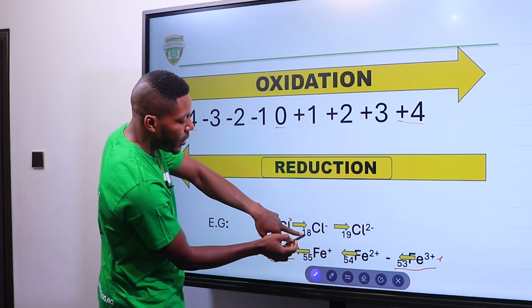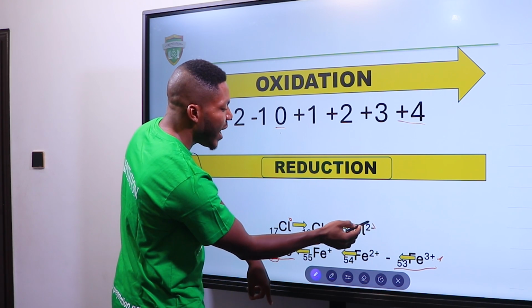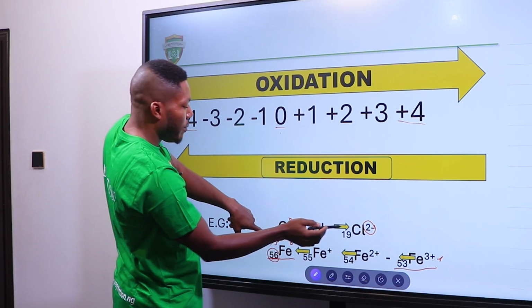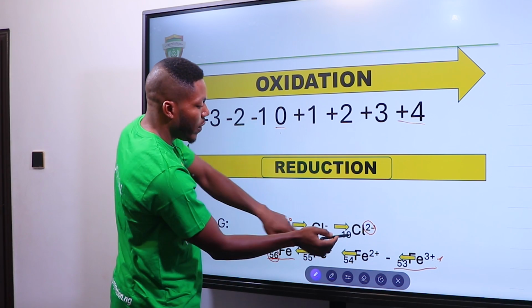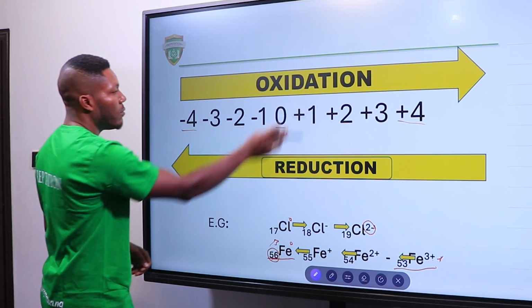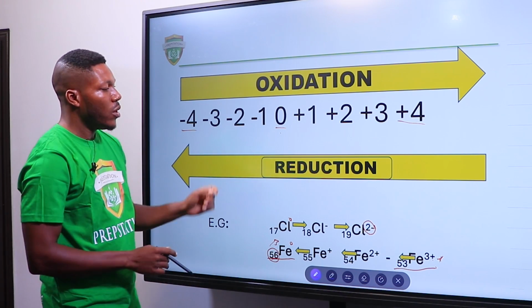So moving from 18 to 19 means it has gained 2 extra electrons to itself. So 17 plus 2 gives us 19, which is a gain of electrons. So this is a number line that illustrates the oxidation process and also the reduction process.